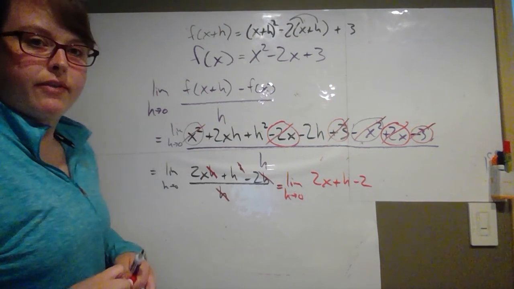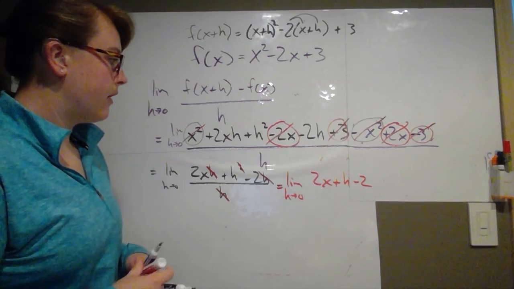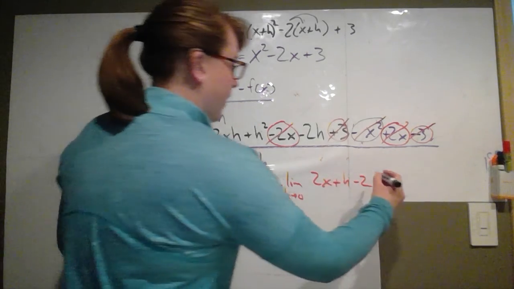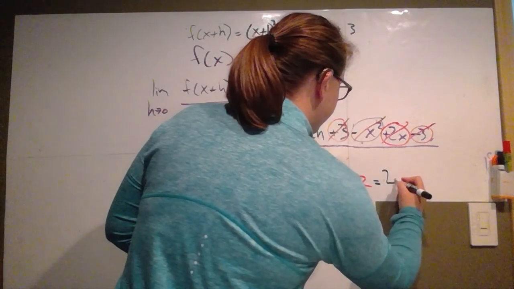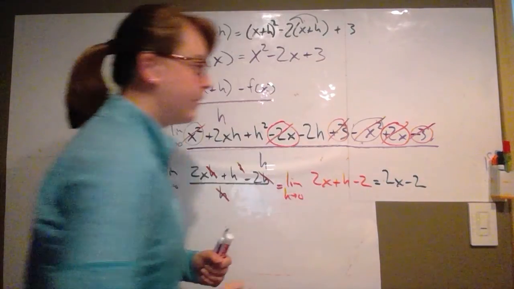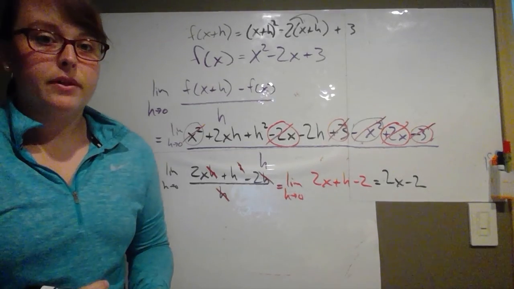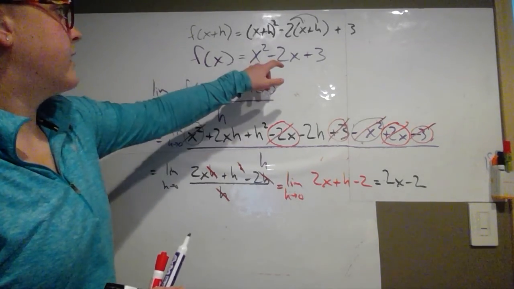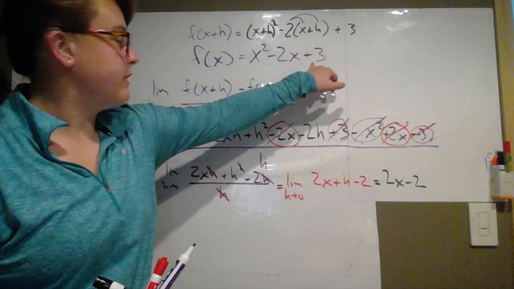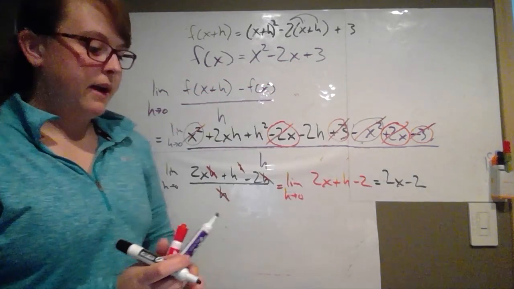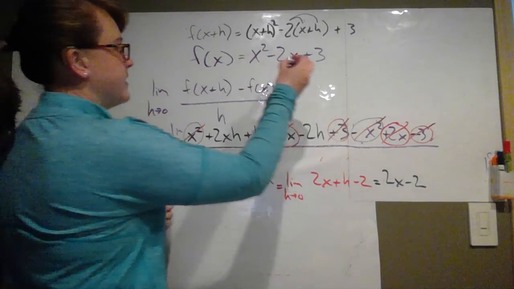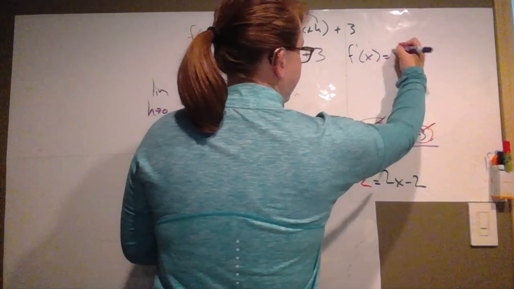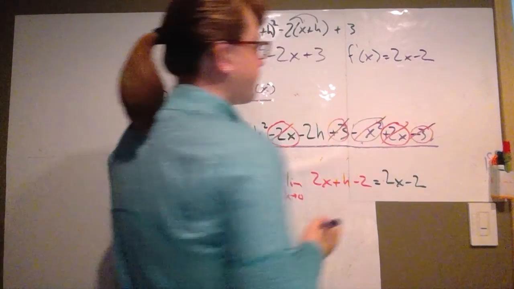So now we don't have that dividing by 0 problem anymore. So now I can let h go to 0, and it turns out what we are left with over here is just 2x minus 2. Okay, so what that tells me is that my derivative of x squared minus 2x plus 3 is 2x minus 2. So if that's f of x, f prime of x is 2x minus 2.